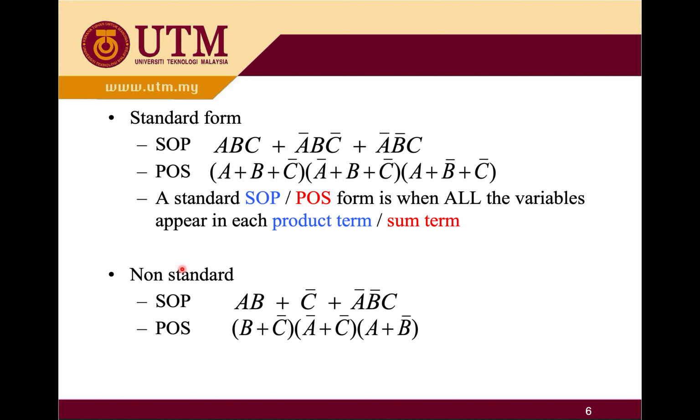So it's called non-standard. So it's quite clear for you to differentiate whether this Boolean algebra expression is a standard form or non-standard. I repeat again, for standard form, you have all variables in each product term or sum term.